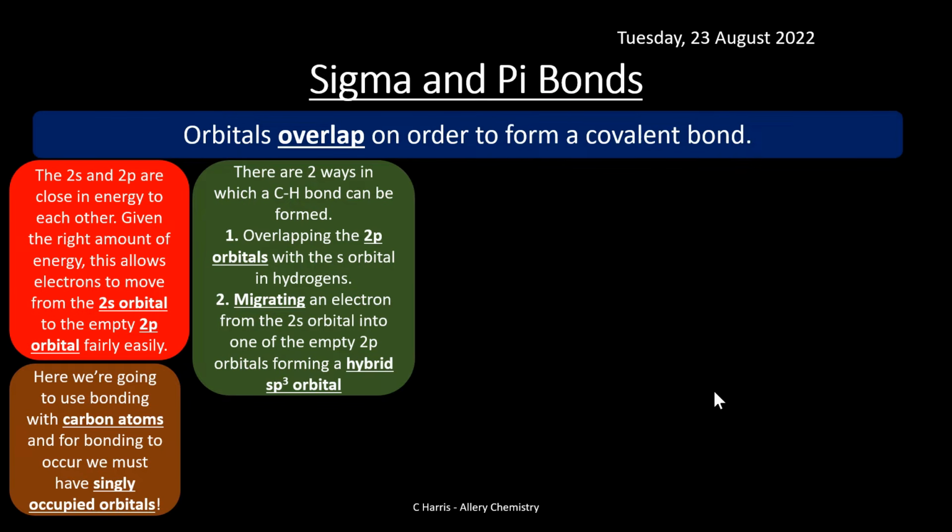So you can overlap the two p orbitals with the s orbital in hydrogen, and there we are, you've formed a bond. Or you could be quite clever and migrate an electron from the 2s orbital, which is a bit like downstairs in the bus, into one of the empty 2p orbitals, and we form a brand new orbital called a hybrid sp3 orbital.